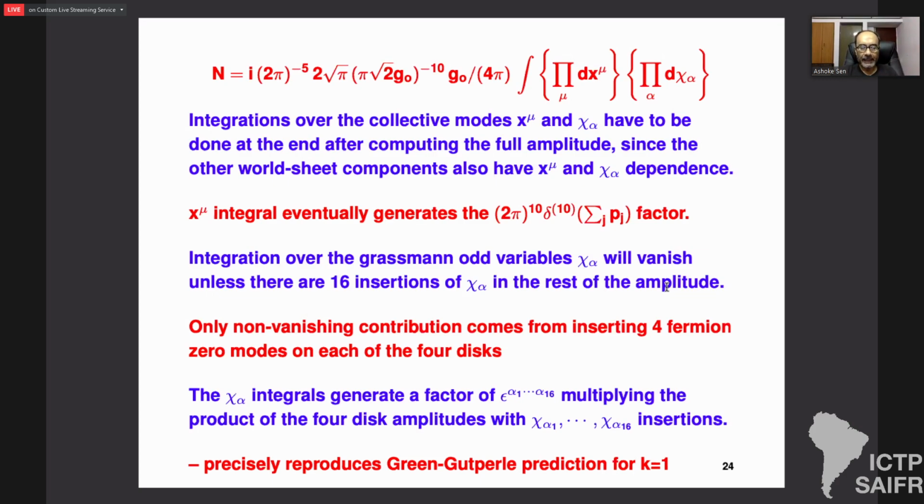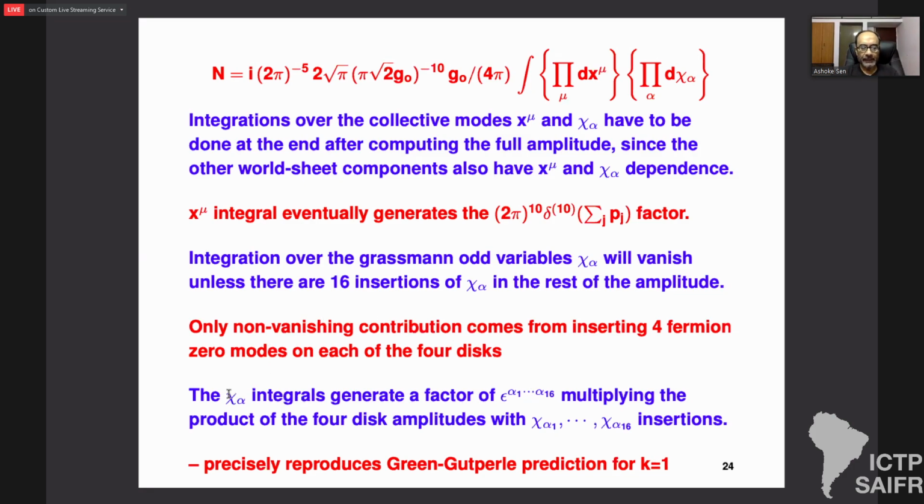In fact, one can do a simple analysis and show that of these 4 disks, the only non-vanishing contribution comes from inserting 4 fermion zero modes on each of the 4 disks. A disk without any fermion zero mode or a disk with 2 fermion zero modes gives identically 0 result. So you need at least 4 fermion zero modes on the disk with a graviton insertion to get a non-zero result. So the distribution is unique.